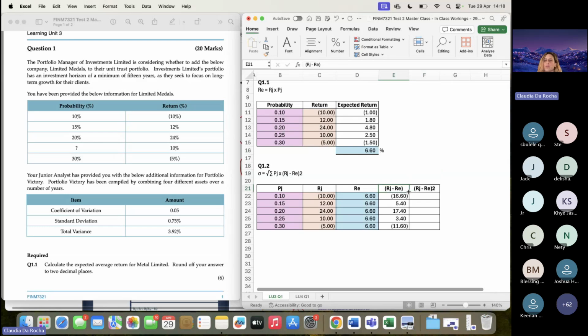And then obviously this is the difference between the two. And then we are going to square it, not square root it, square it.